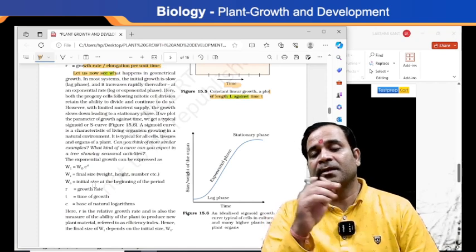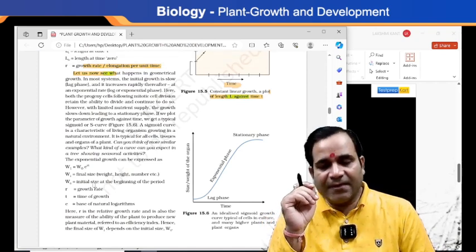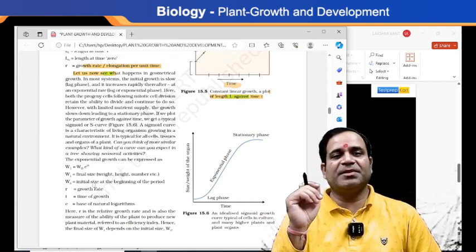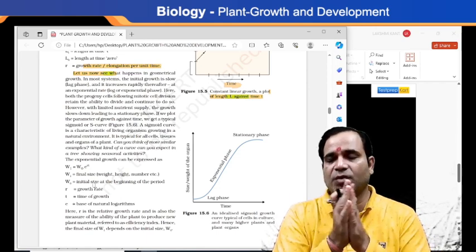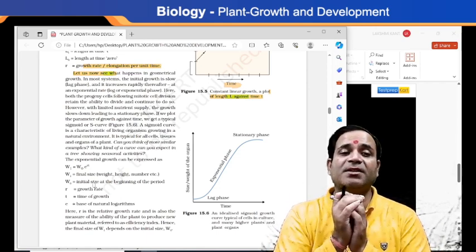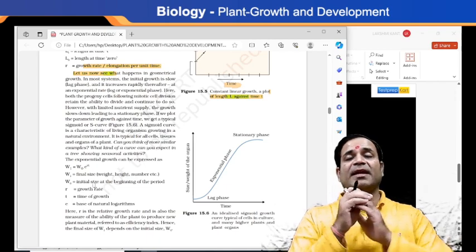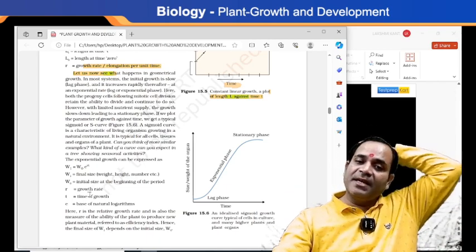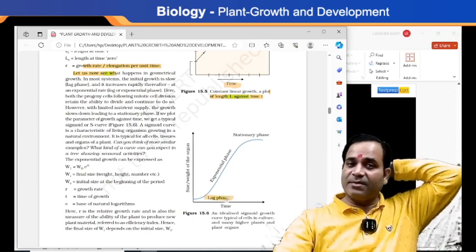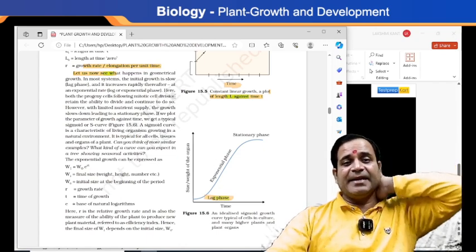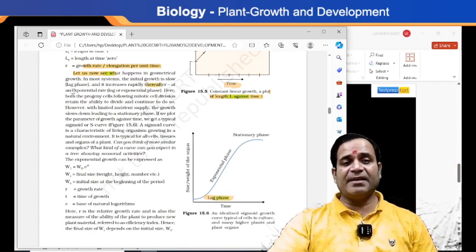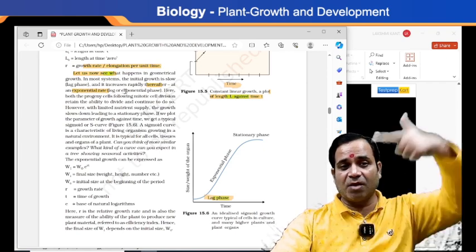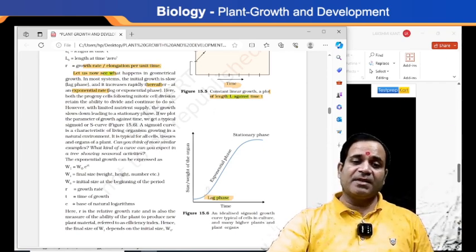See, basically in initial growth, the growth is very slow, and that phase is called the lag phase. It then increases rapidly at an exponential rate, and that phase is called the log phase, or the exponential phase.